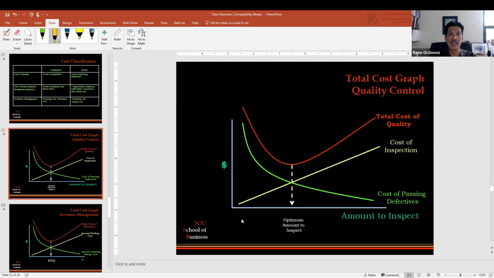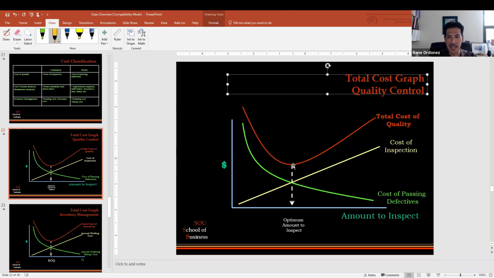At some point, if we add this green curve and this yellow line, the two kinds of costs associated with quality control, you get this red curve, which we call the total cost of quality, or the total cost curve. And you will note that in this curve, the total cost is minimized at this level, all right?